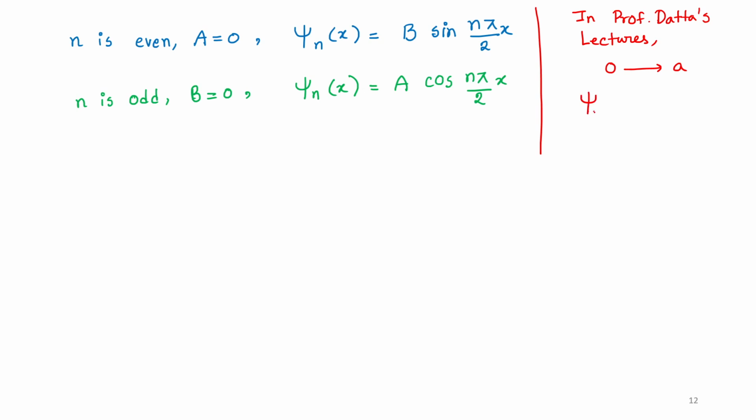That time, the wave function we obtained was some normalization constant, which I will write later, times a sine function, sine n pi x by a, right? But now, when we take a boundary from minus a to plus a, we get wave functions like this.